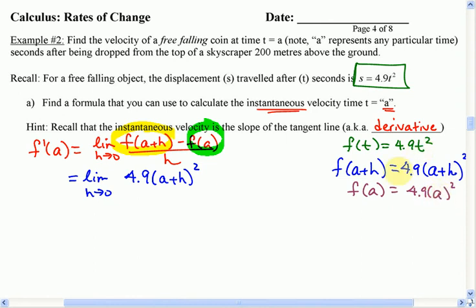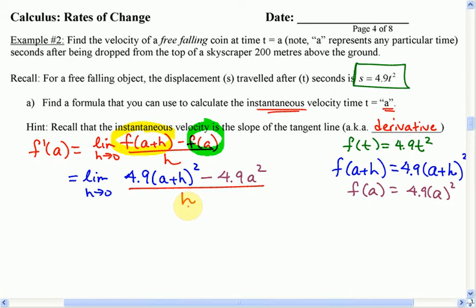Well, not t, yeah, a. We're using the variable a, so let's use a. Yep, so minus 4.9 a squared all over h. Okay. By the way, this step's the hardest part, just making sure you understand what to plug in, especially this function notation stuff. Okay, so that's the hardest part.